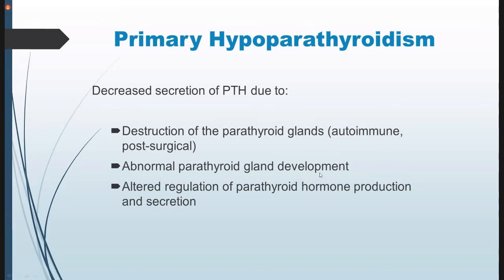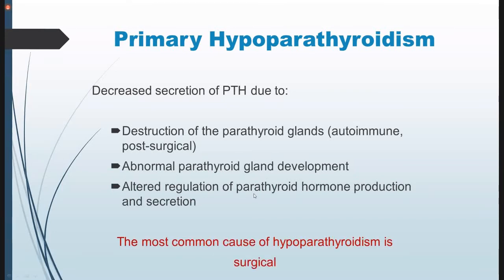Abnormal parathyroid gland development, and that is mostly by birth or by genetics, or there is altered regulation of parathyroid hormone production and secretion. That means there are receptor defects. But the most common cause of hypoparathyroidism is post-surgical.